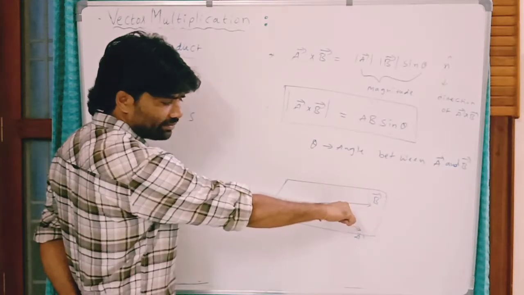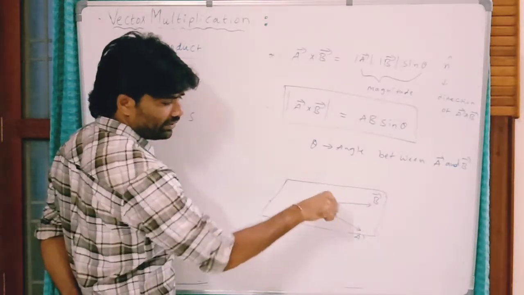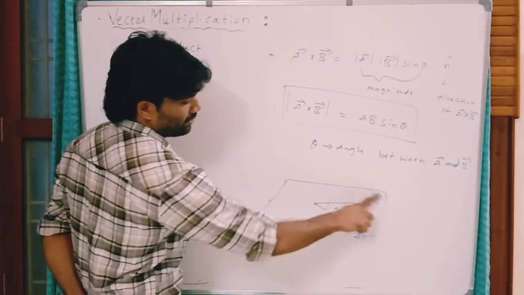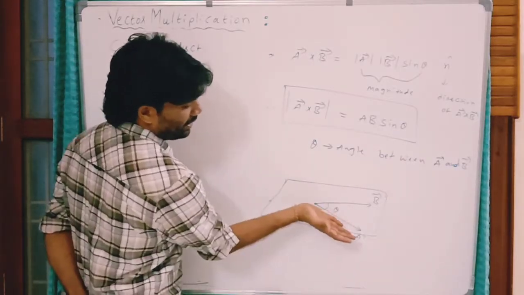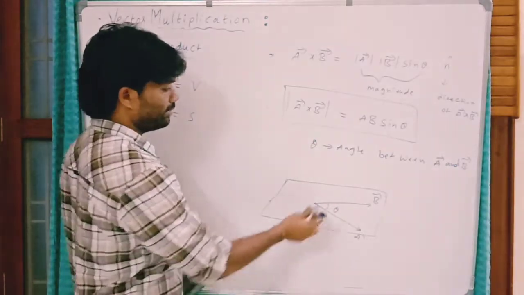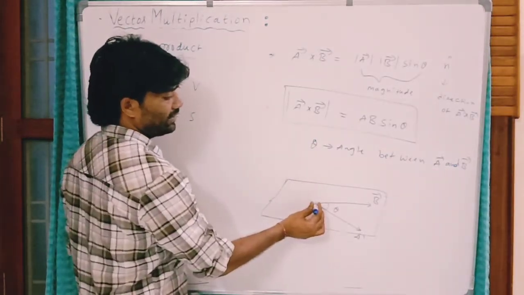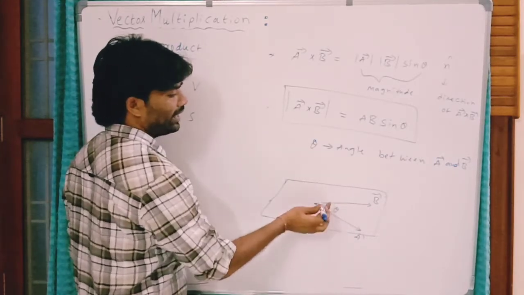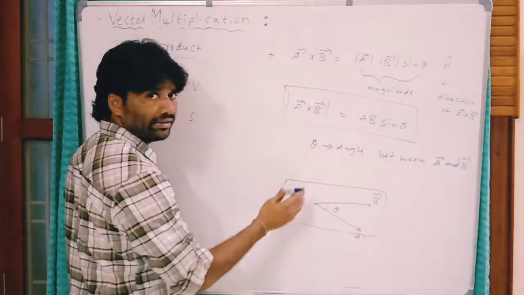So B cross A is into the plane of this board, and A cross B is out of this board, or out of this plane. This is the direction of A cross B. B cross A is into this plane and A cross B is out of the plane like this.